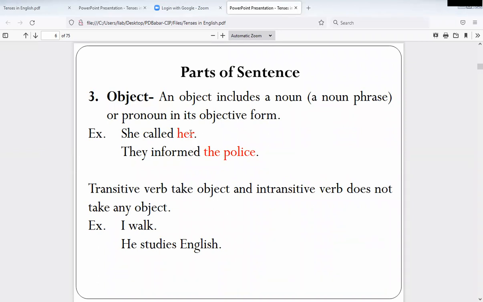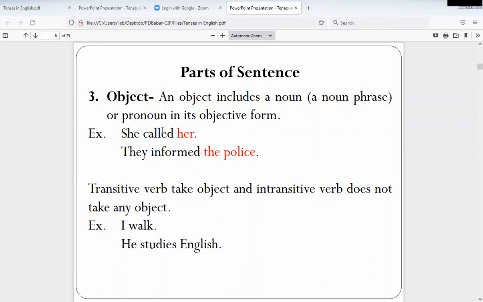Why is her the object? If we ask the verb the question what called, or whom called, then it is answering her. Whom called? Her. If the verb is answering with the object of the sentence, then it is called the object.